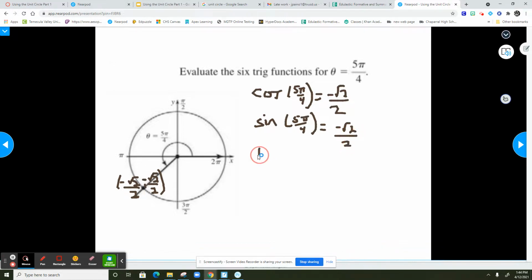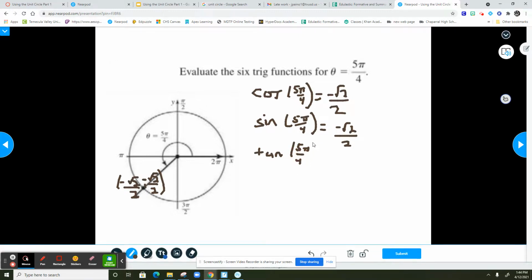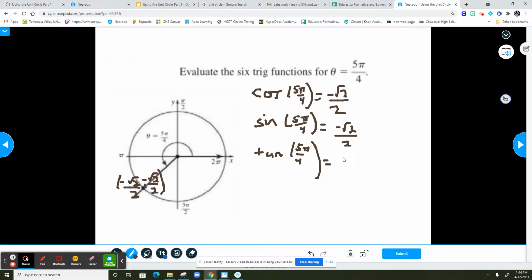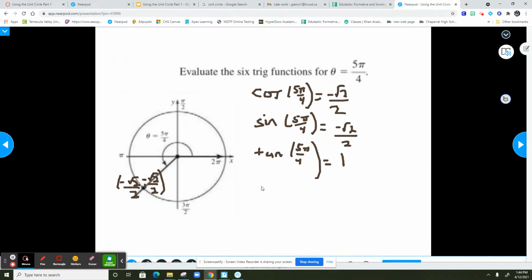What is tangent of 5 pi fourths? Okay, this is a good one. It's easy, but at the same time, I get a lot of mistakes on this one often. Okay, so it's easy because x and y are the same thing. So when you divide, y divided by x is just 1, right? Now, the mistake is a lot of people put negative 1 because it's in the 3rd quadrant, but it's actually positive 1 here. Tangent's positive in the third quadrant because negative divided by a negative is a positive.